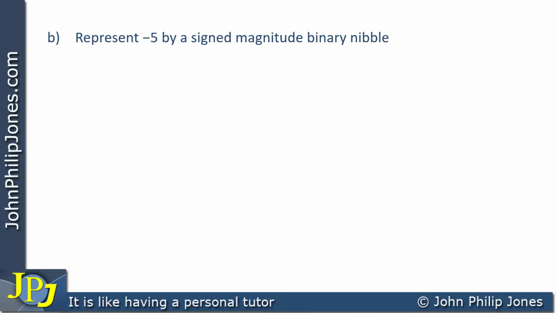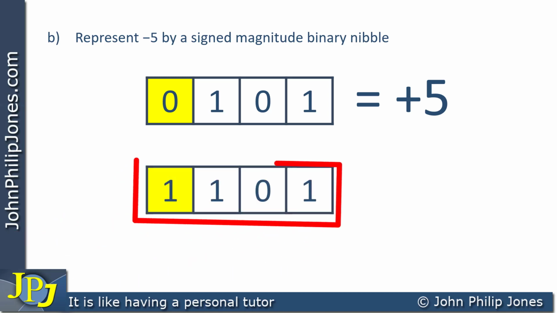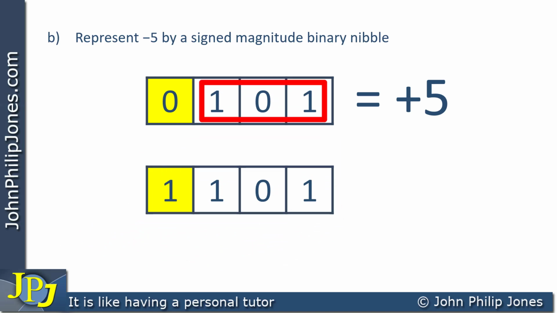Now part B is asking us to represent -5 by a sign magnitude binary nibble. My starting point for this is how we represented +5, which we did on the previous slide. Now to obtain the negative representation of 5, it's pretty straightforward. What you do is as seen here. The 5, which is the magnitude, is placed here, and the sign here, which was 0, is put here as a 1, meaning negative.